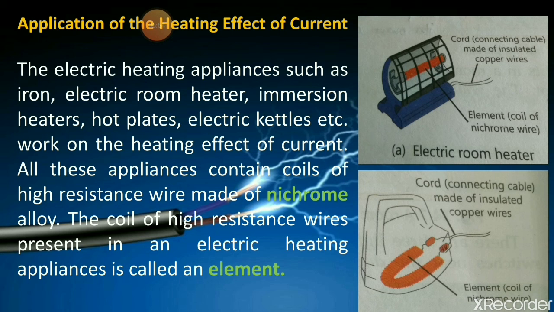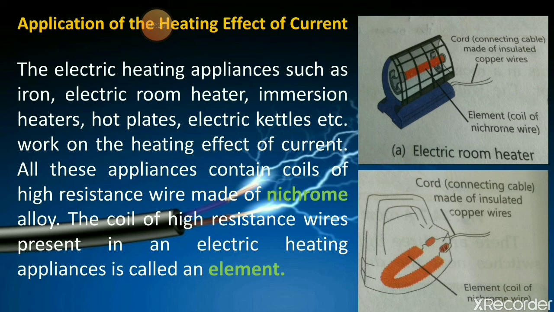So different materials, different lengths and thicknesses of the wire, and varying amounts of electric current are used in different appliances according to requirement. In case of heater, electric iron, etc., nichrome is used as the element, which offers large resistance and gets heated when electric current flows through it.